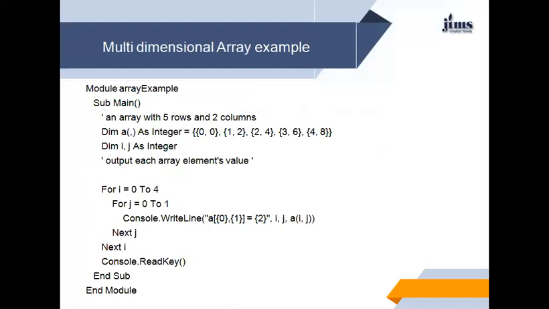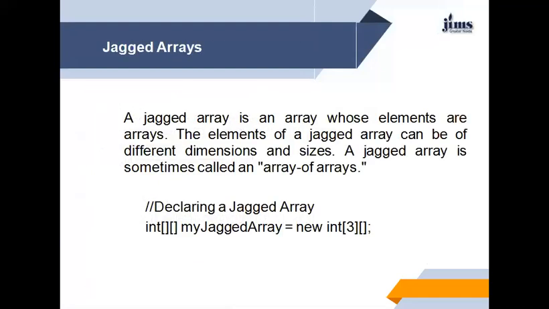It will print the value of i here, j here, and the actual value of a[i,j]. Next j, Next i, Console.ReadKey, End Sub, End Module.